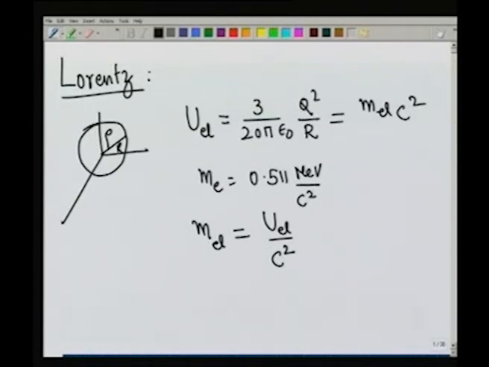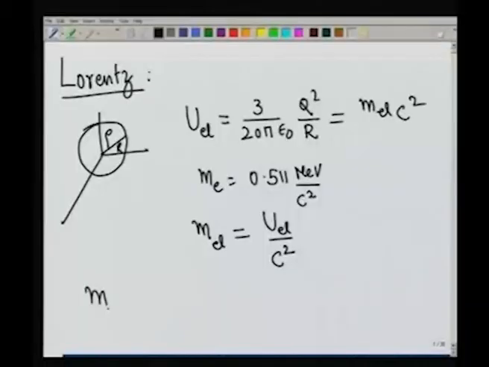After all, if I subject my electron to an external field, my electron moves. As it moves, the whole charge moves. Therefore, my electrostatic energy also moves along with it. Therefore, Lorentz found it very tempting to identify M_E, the standard inertial mass of the electron, with the electromagnetic mass, which is given by 0.5 MeV by c squared.